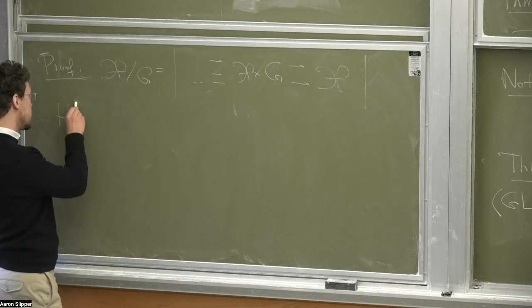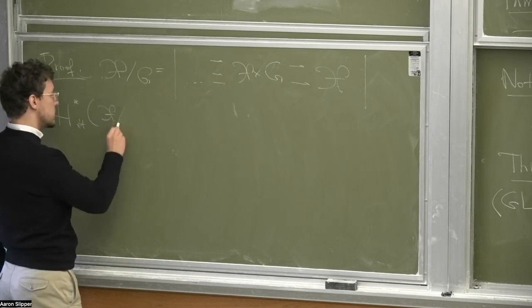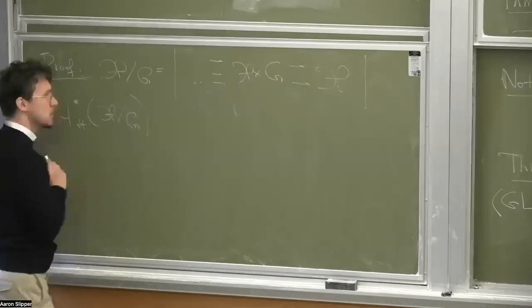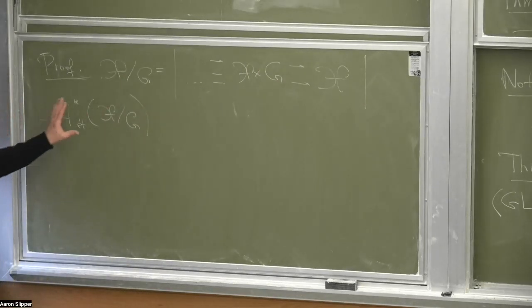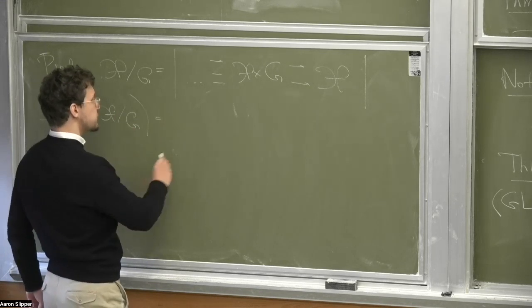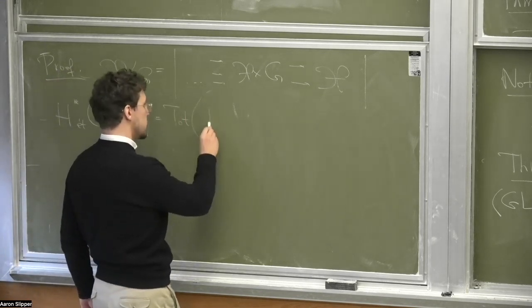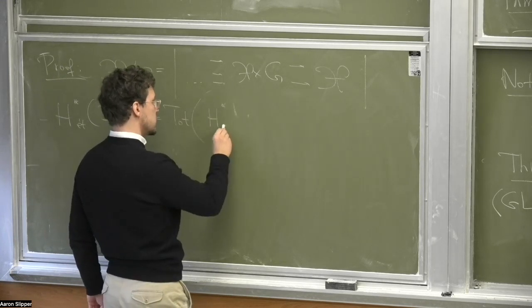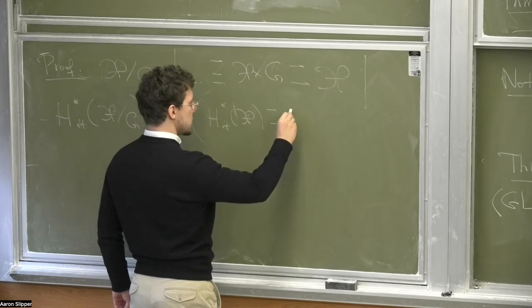And the étale cohomology of this quotient, well, you can take the next thing as a definition, but I think it should be more clear how to define cohomology. This is going to be the totalization.